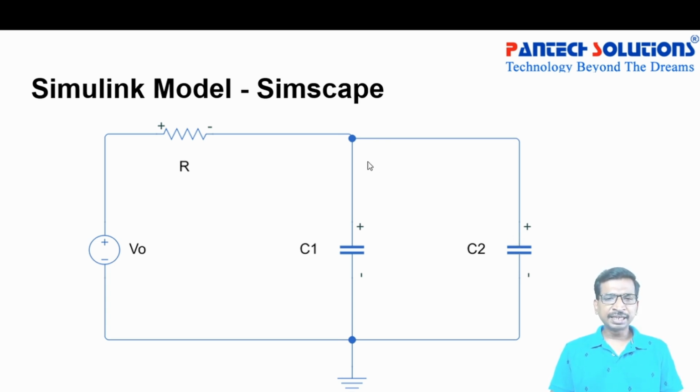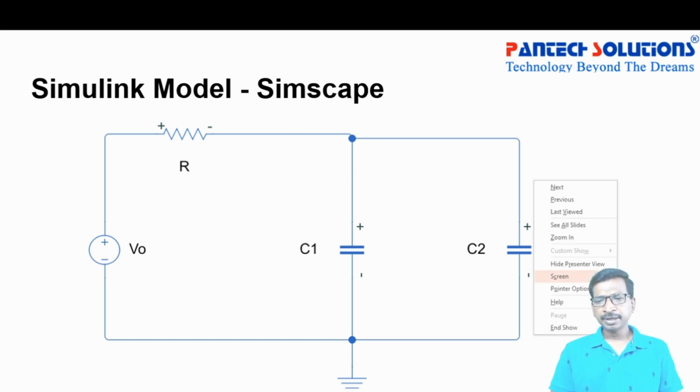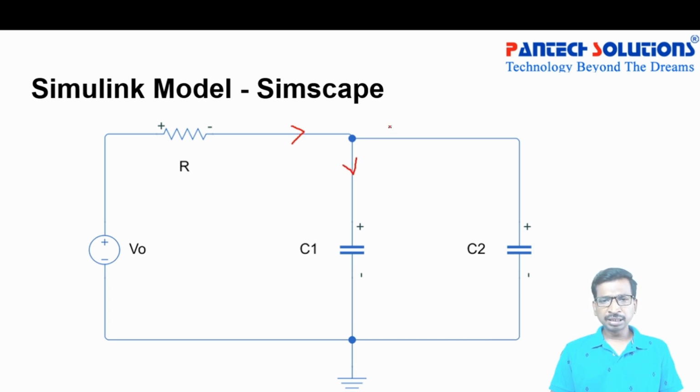Similarly, for the KCL, Kirchhoff current law, let us assume that this is the current input, and this is the current output. So suppose you name it input current IL, and let us take I1 and then I2. So here IL, that is input current, is equal to I1 plus I2.